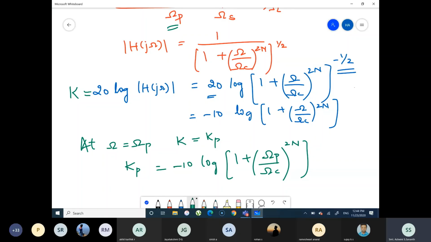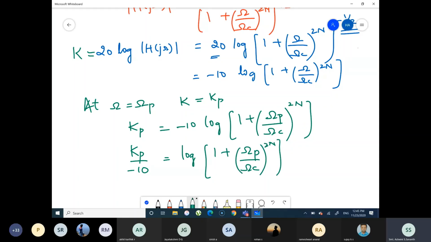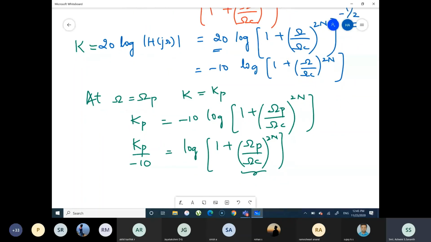So let us simplify this further. I'll bring that minus 10 down this side. So kp by minus 10 equals log of 1 plus omega p by omega c to the power 2n. Now finally here I want to get the expression for omega p by omega c to the power 2n, that's my aim. So we have a log on the right hand side, right? It's log to base 10.